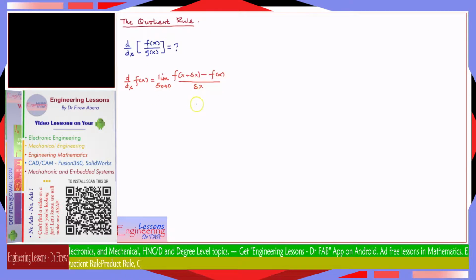What this expression is trying to say is that for derivatives, we're trying to look at the change of that function when there is a small change in its variable.